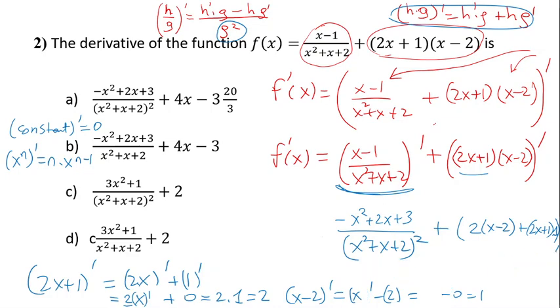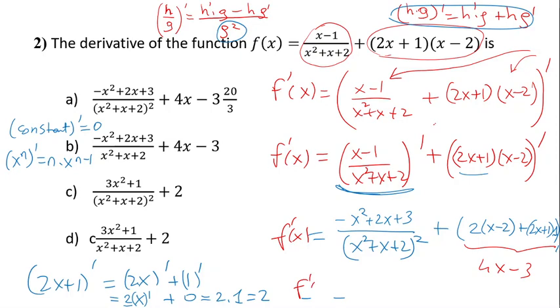And when you combine these, f prime of x will be this term plus this one, which is 4x minus 3, I guess. So we will end up with f prime is equal to negative x squared plus 2x plus 3 divided by x squared plus x plus 2 squared, plus 4x minus 3. So this will be b.